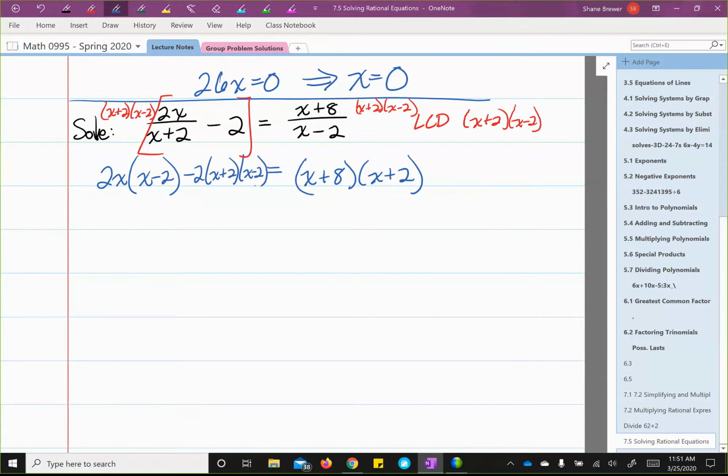And so now we can solve this. And of course, to solve this, we know we've got to multiply everything out. 2x squared minus 4x minus 2 times, let's see, FOIL this out, x squared minus 4.